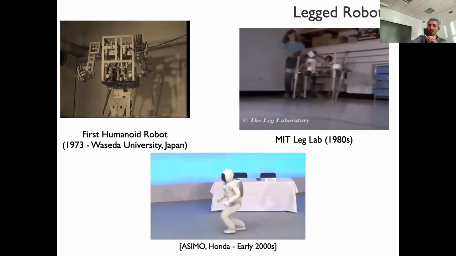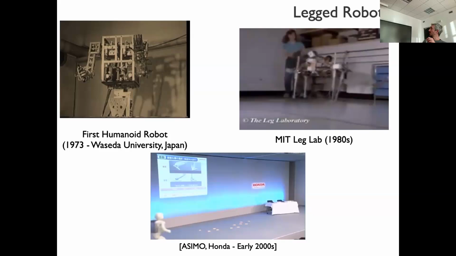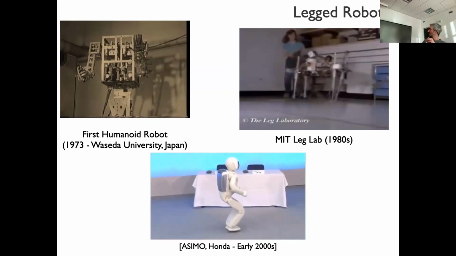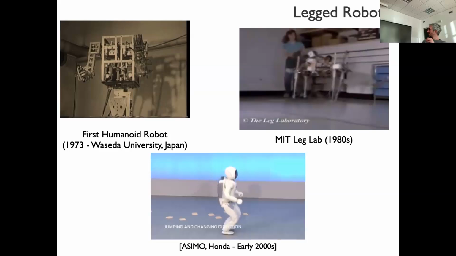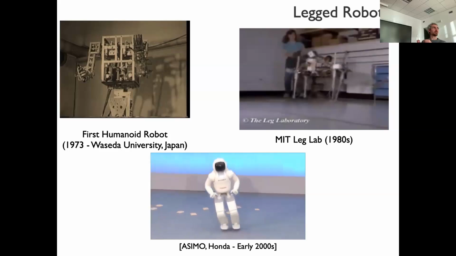Then moving forward up to 20 years, to the early 2000s, we can see the first running humanoid robot, jumping on one leg. It might seem trivial because we can all do that, but trust me, doing that on a robot is super difficult.